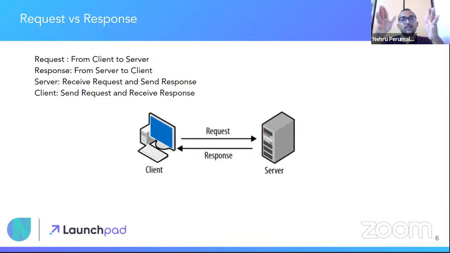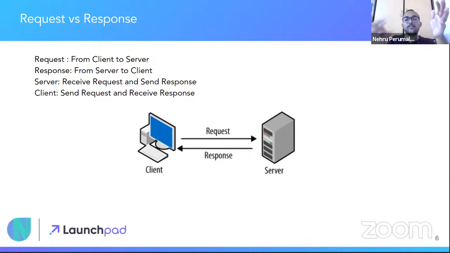So A asks B, I want some data. That means A is requesting B that he or she wants some data. That means A becomes a client. Whatever he asks will be a request. Then B will be a giver, which means the server, which will be responding.